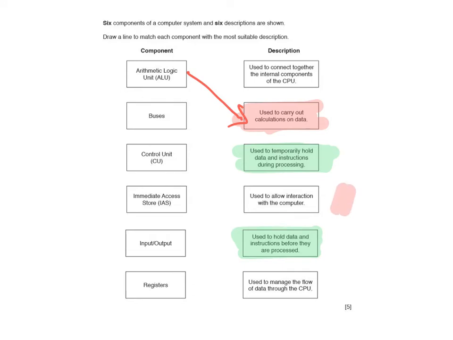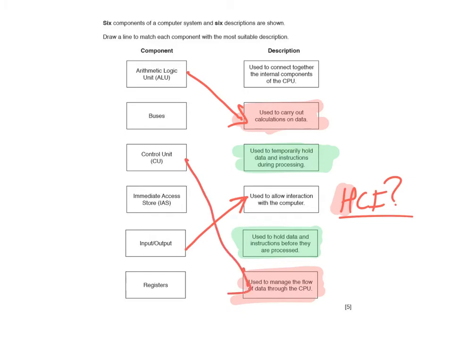I hope it's not on pen. Is it HCI? Something to do with the human computer interface. So when I see input and output, well, that's what allows me to interact with the computer system. What else do we have? Next, used to manage the flow of data through the CPU. Well, we just talked about how that's one of the jobs of the control unit.